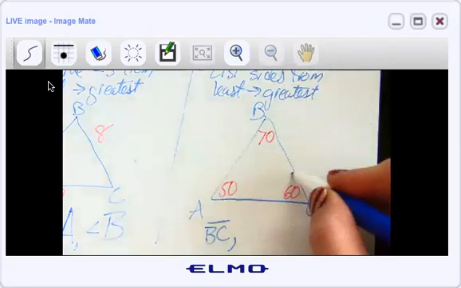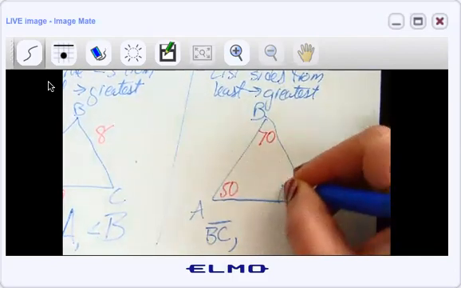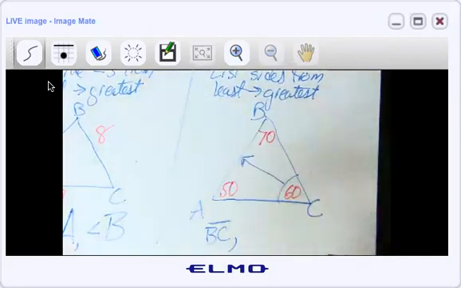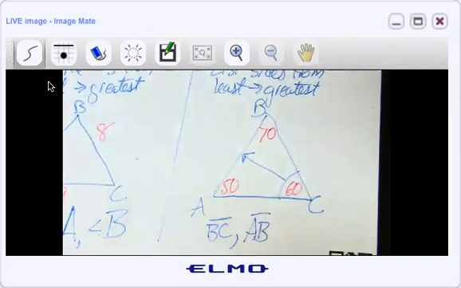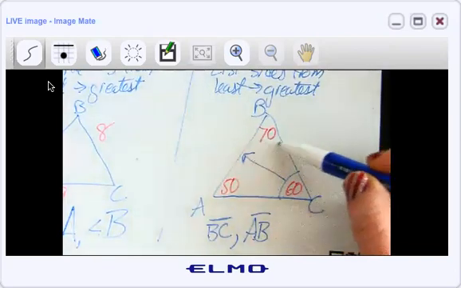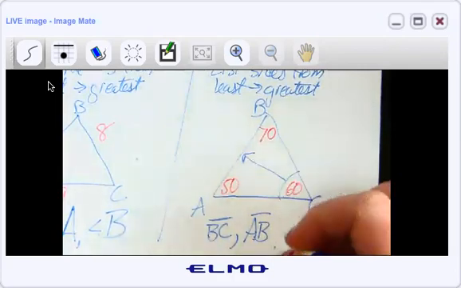Across from 60 is side AB. AB has to come next, which means that the only side left has to be our largest one, which makes sense because it's across from 70. The biggest side would be AC.